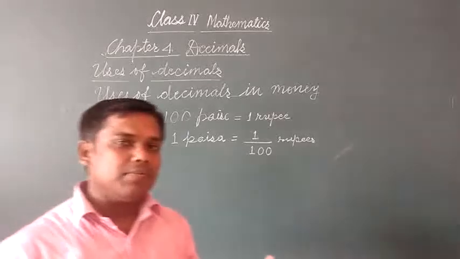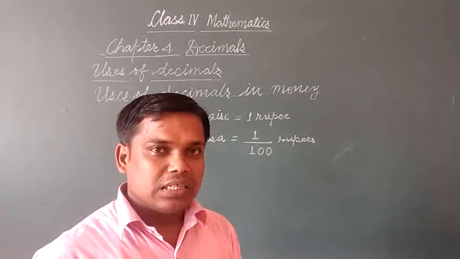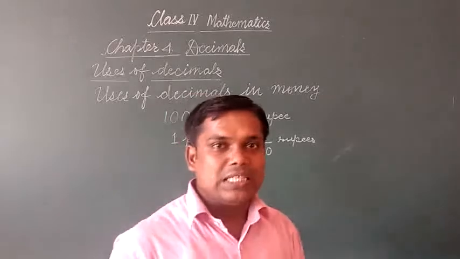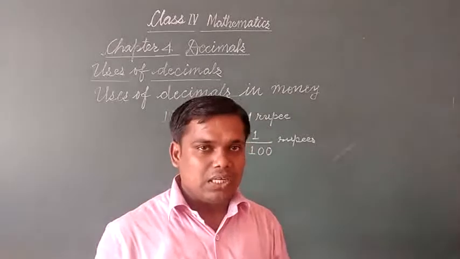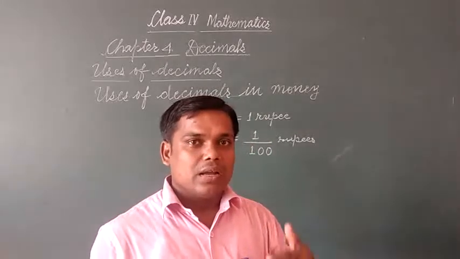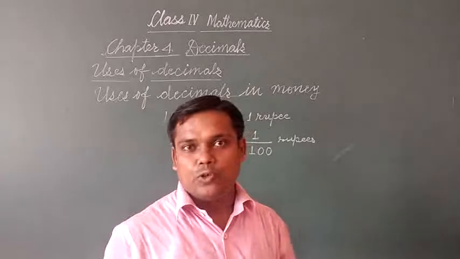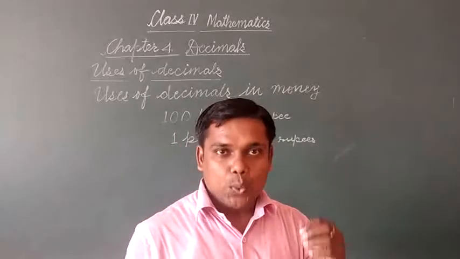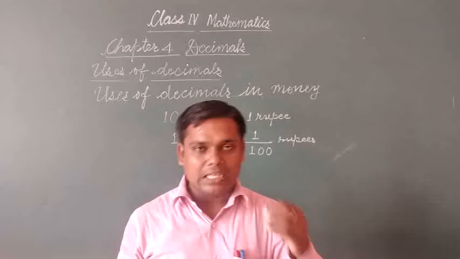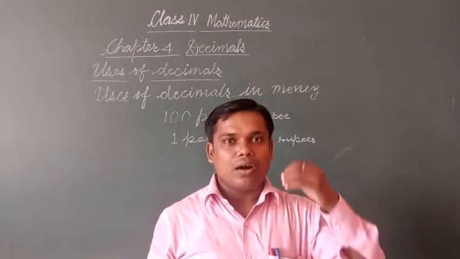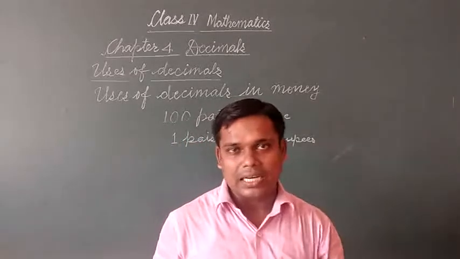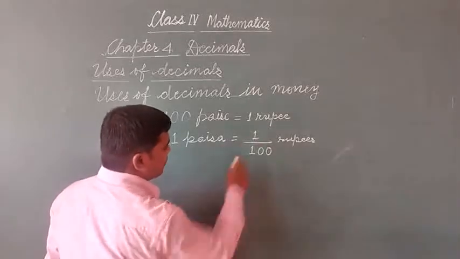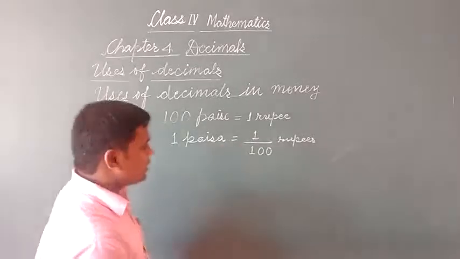If we are given questions like convert 15 paise into rupees, convert 35 paise into rupees, convert 200 paise into rupees, we will simply divide the given paise by 100.